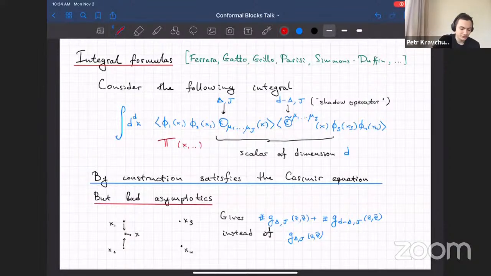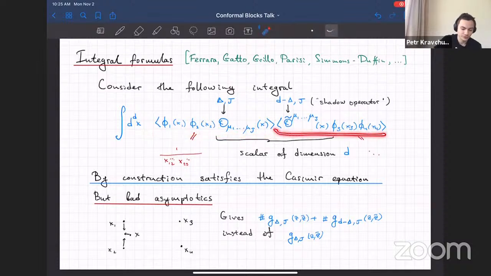So let's just imagine that by these expressions I just mean explicit formulas like 1 over x12 to some powers, x23 to some powers, and so on. They don't have to be physical correlation functions. I just want any function which transforms in this way under conformal transformations.